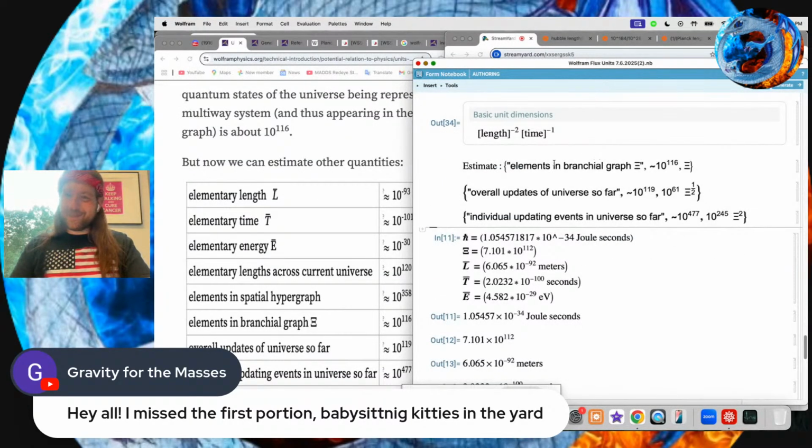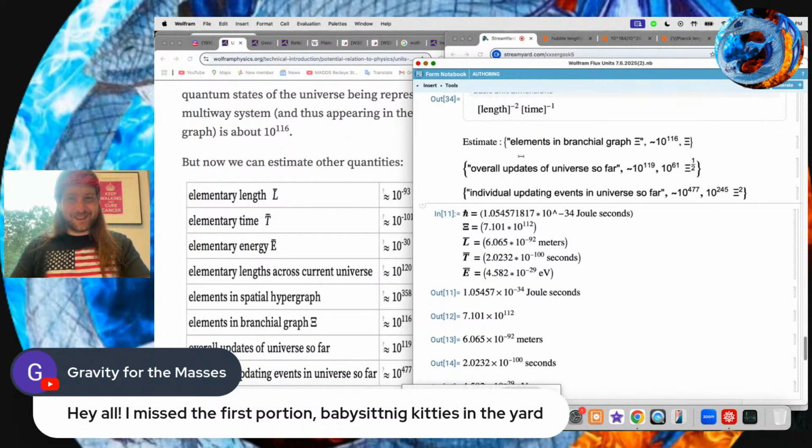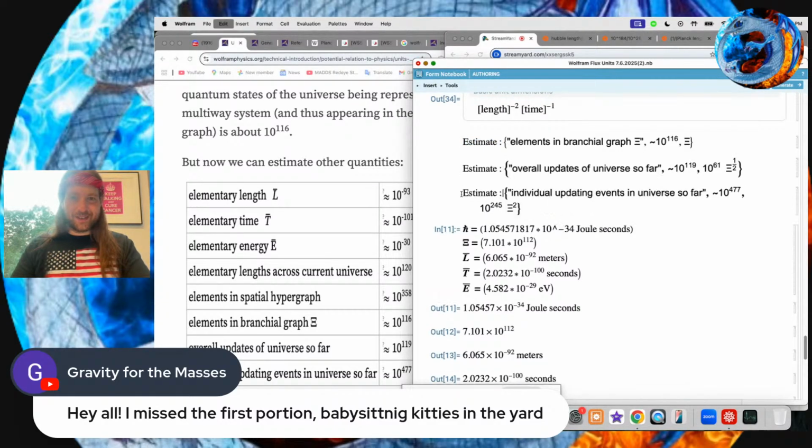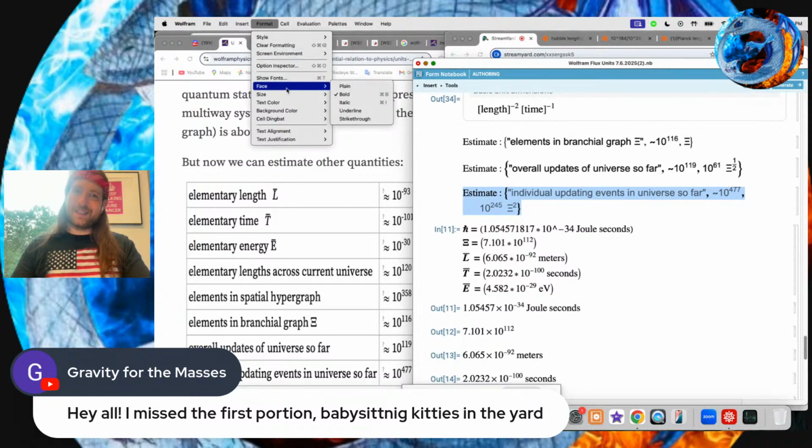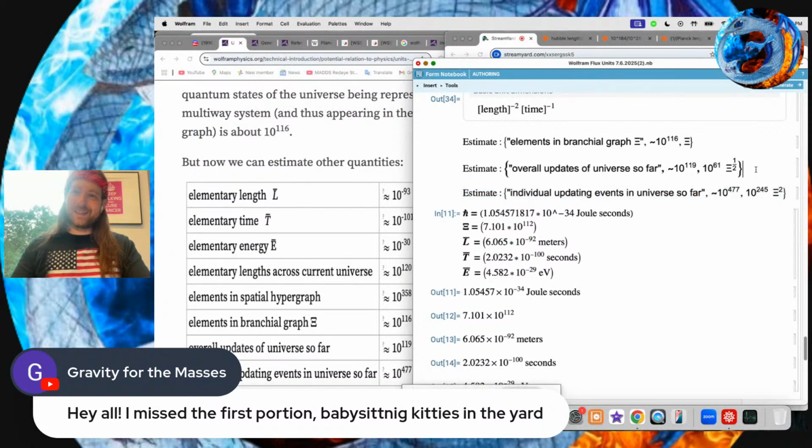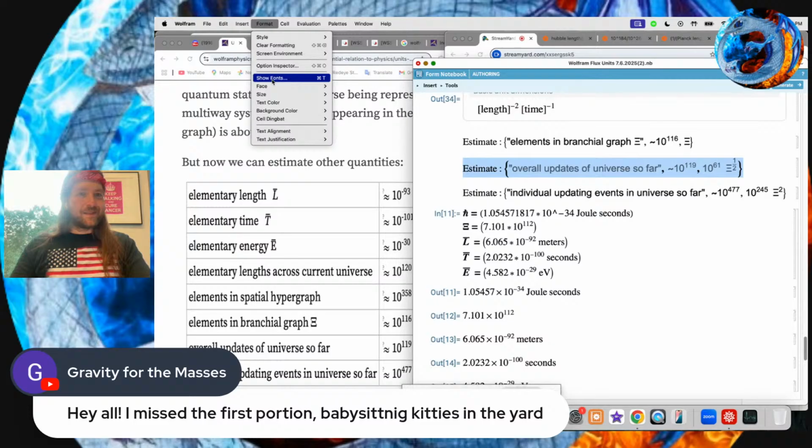Alright, so elements in the branchial graph, overall updates so far. Okay, so I just put in estimate. Let's try to make these things generic format.